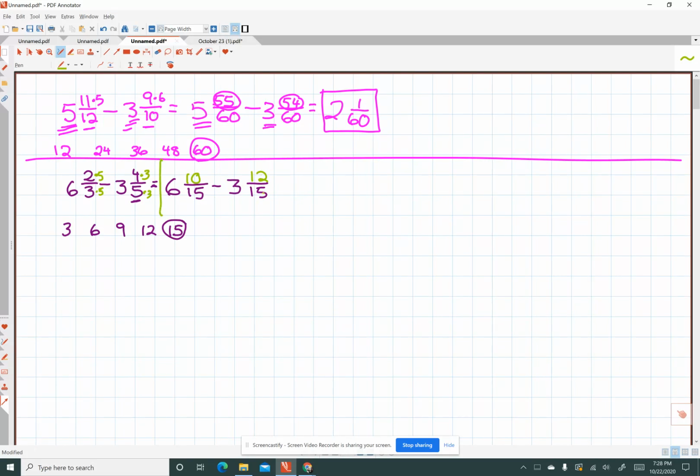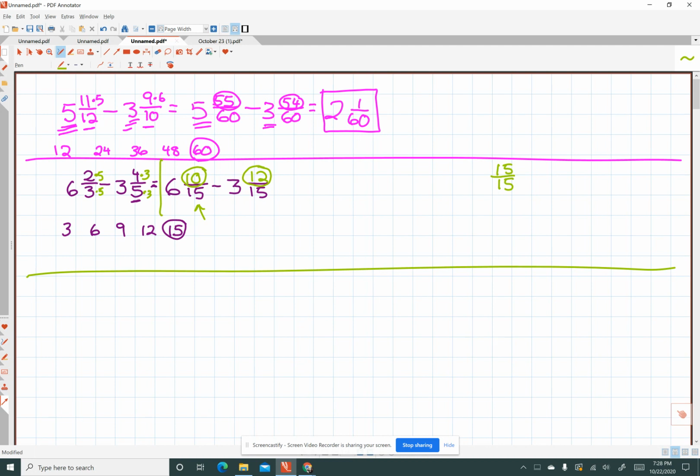Well, this is where we run into that problem where this numerator of 12 is greater than this numerator of 10. So we need to borrow one whole from the 6. Now let's think about what fractions are for a minute. Let's make a little sidebar down here. If we're talking about 15ths, then one whole would be 15 over 15.